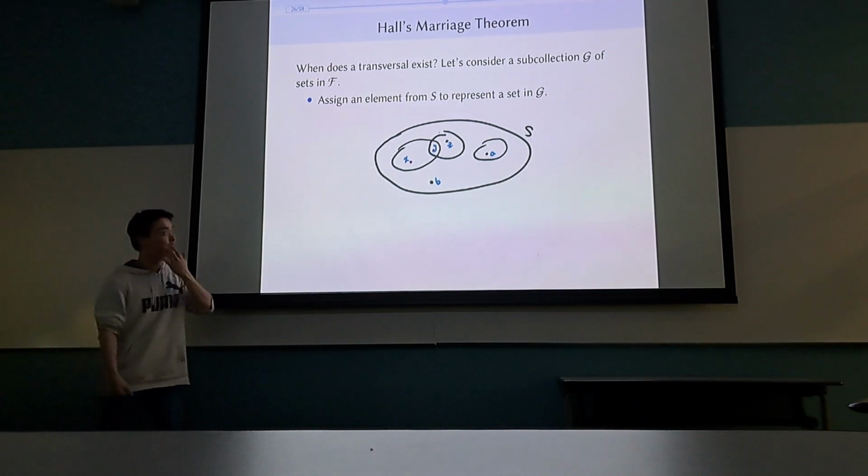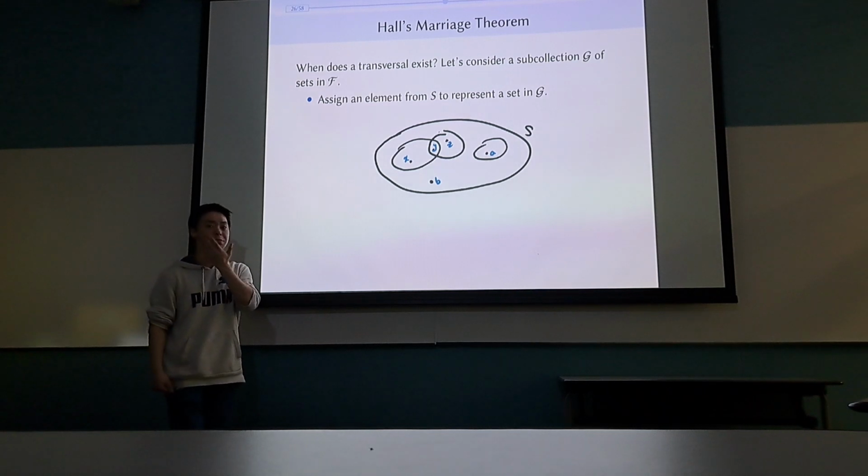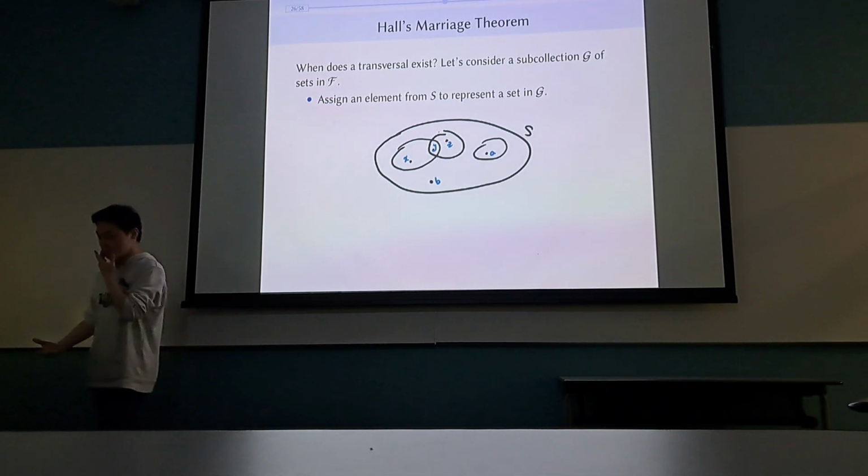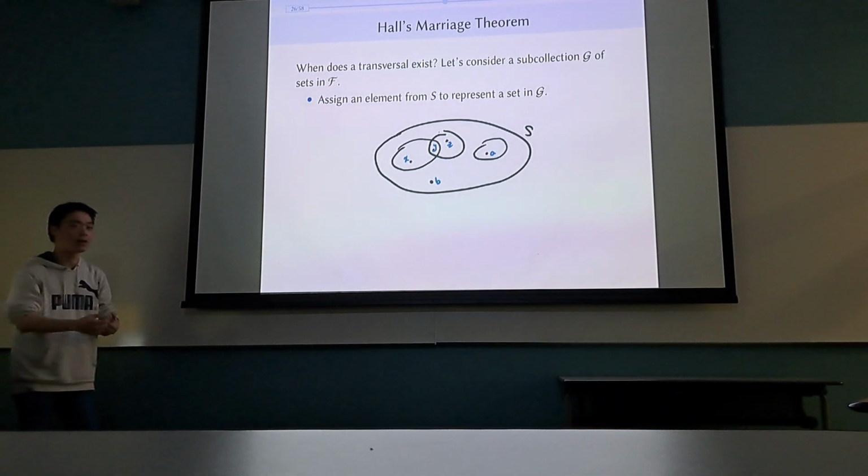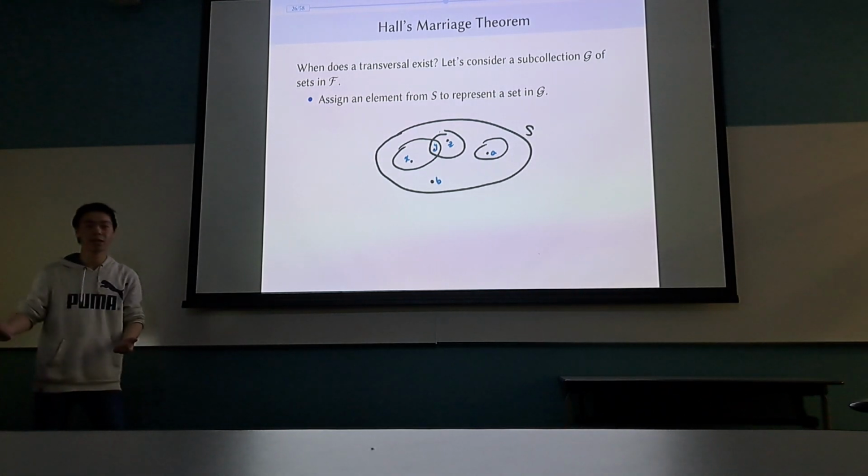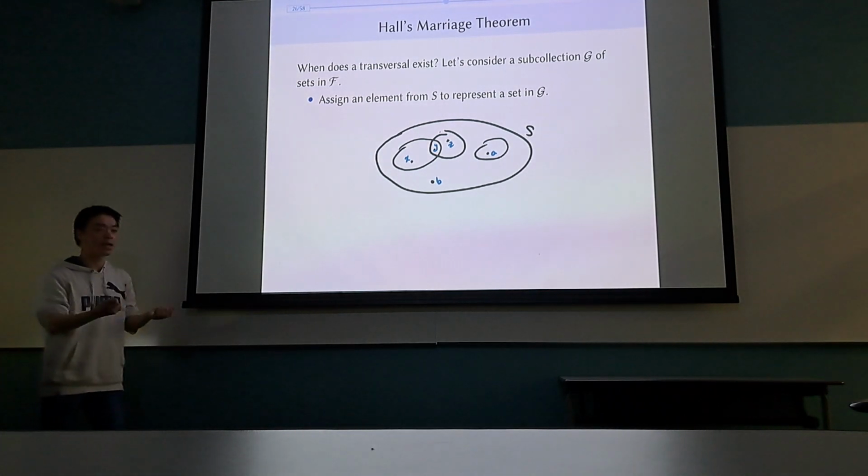And the question here is, is that even possible? Because remember, S was a subset of the union of all of the elements that belong to at least one element in F.